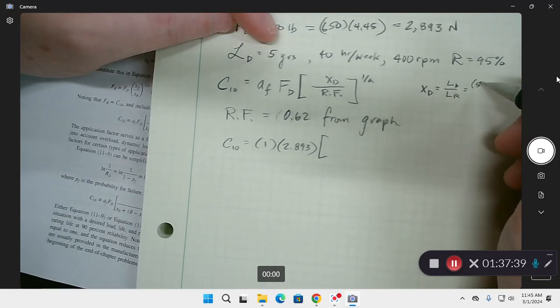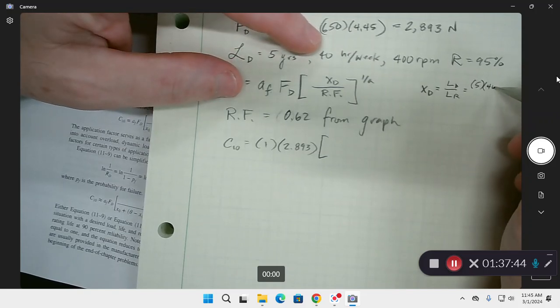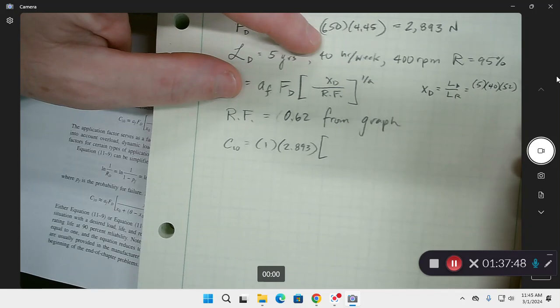So 5 years by 40 hours per week, but we need 52 weeks per year, and those are hours, so we need 60, and the RPM is 400.